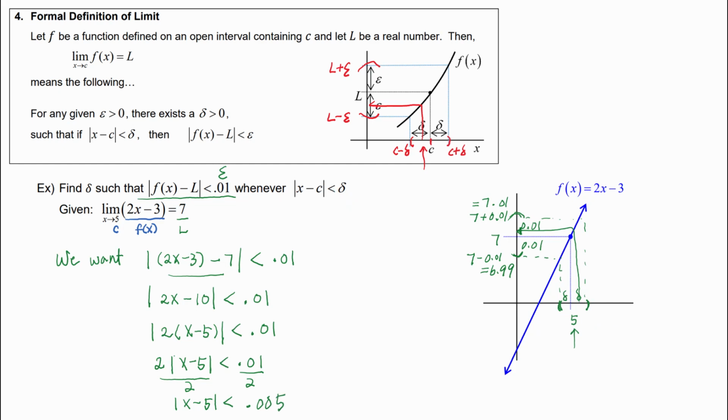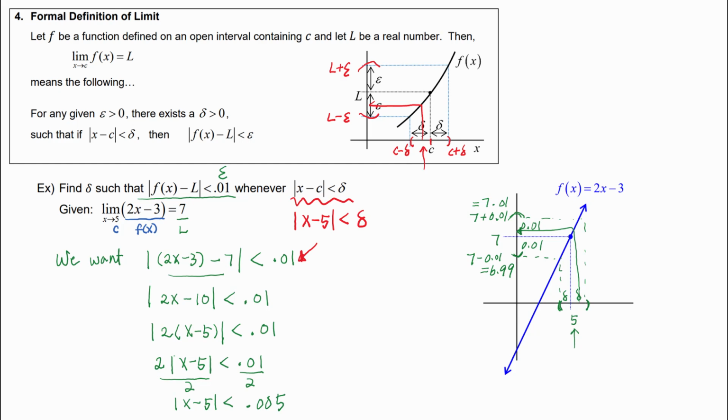Now what? Remember, we are trying to find delta from this absolute value of x minus c less than delta, because what's given to us is the limit as x approaches 5 of f of x equals 7. Our c is 5, so we have the absolute value of x minus 5 less than delta. We want to find the right delta so that we can have this result.